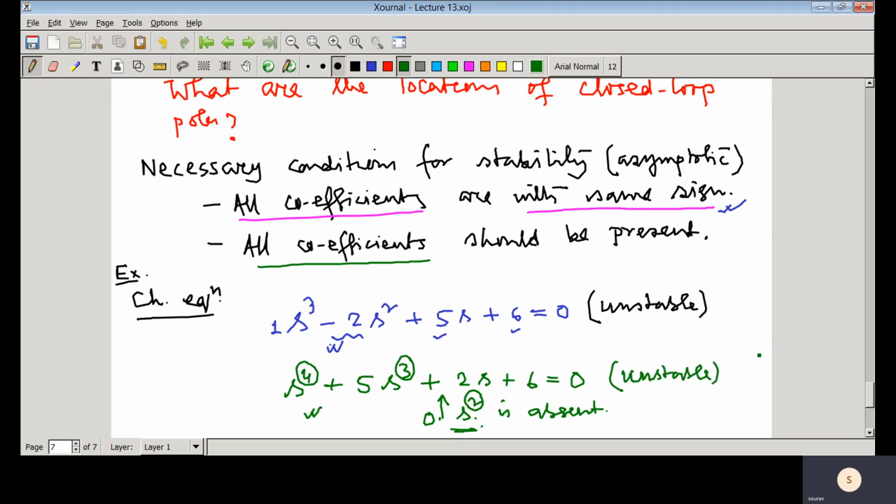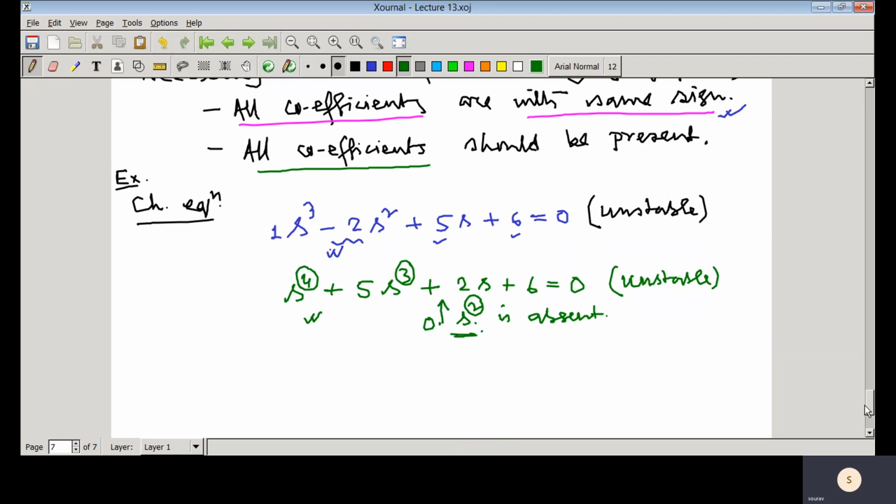So from here we have understood that whenever a system is given, first you need to consider the characteristic polynomial, and if any one of the necessary conditions is violated, then that system would be unstable.